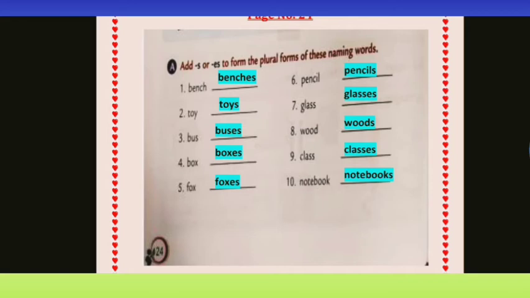We have to add the letter s only. Bus, buses. Box, boxes. Fox, foxes. Pencil, pencils. Glass, glasses. Wood, woods. Class, classes. Notebook, notebooks. Learn how these words change into the plural form, students.